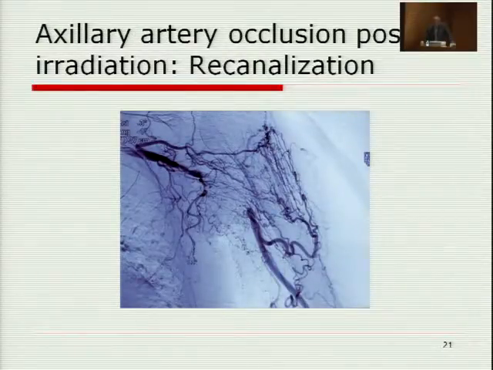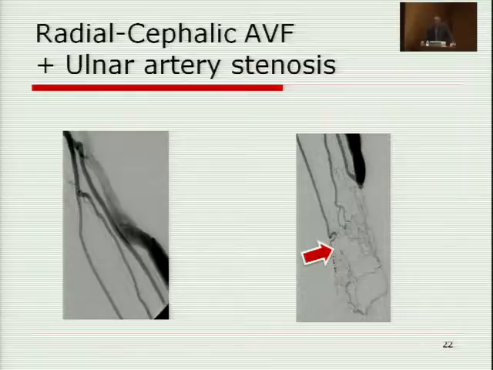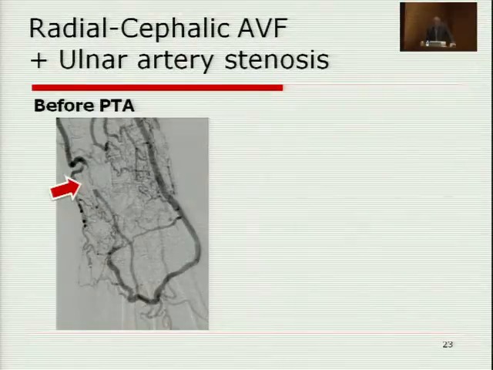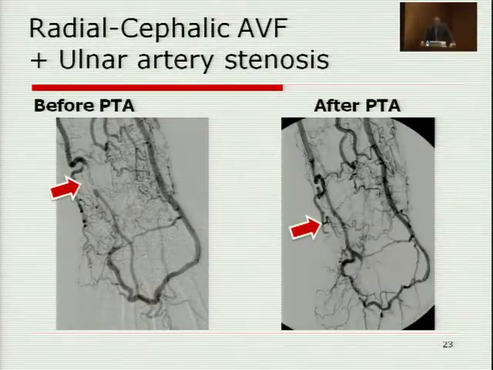This is an axillary artery occlusion post-irradiation, which was recanalized. And this is an ulnar artery stenosis associated with a radial-cephalic arteriovenous fistula, and the ulnar artery was treated by angioplasty with an excellent radiologic and clinical results.